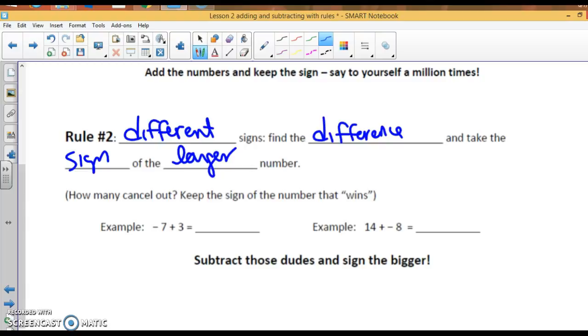So 7 minus 3 is 4, and you take the sign of the larger, so -4, sorry. 14 plus -8, they are different, so I subtract, and I get 6, and it's going to be +6, because that's the bigger number. So, if they are the same, you add and keep the sign. If they are different, you subtract and take the sign of the larger number.